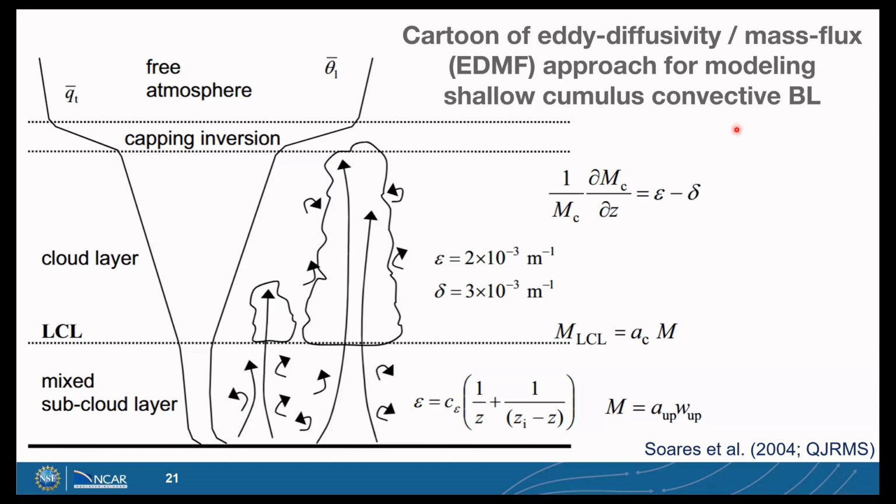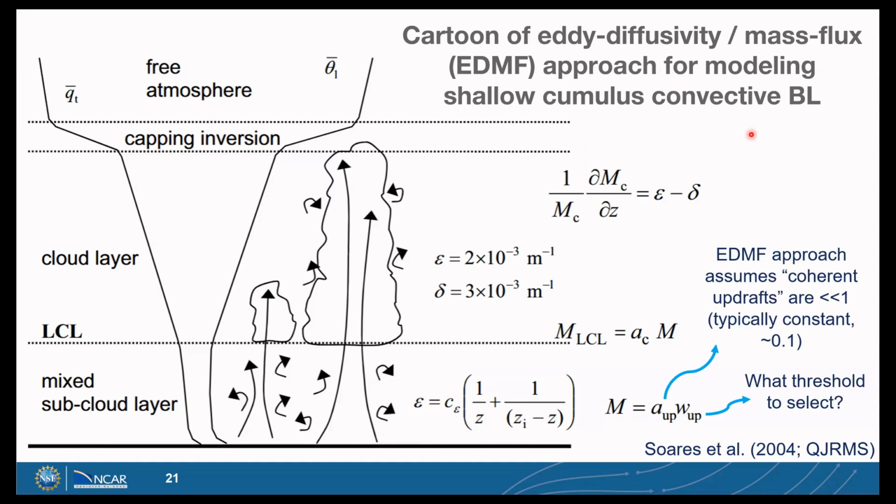So for this mass flux approach, I'm not going to go into the gory details, but you need to make some decisions about what fraction of your model grid cell is made up of coherent updrafts, and also what is the vertical velocity of these coherent updrafts, right? And so there's a spectrum, right? It's not just one value, there's a spectrum. But in the model, it's not so cut and dry how you pick these values.